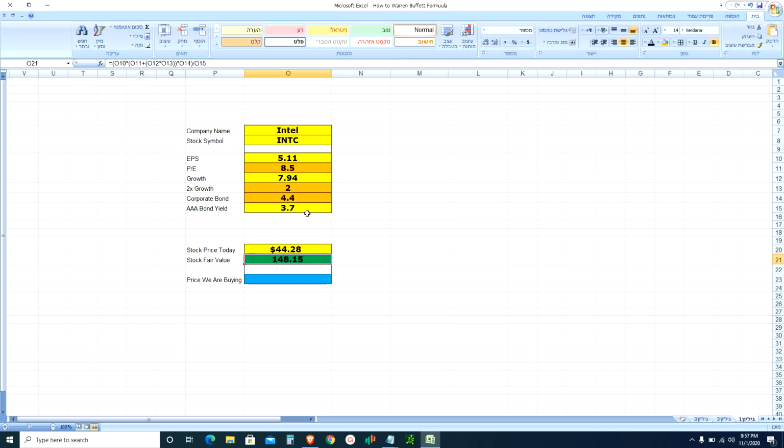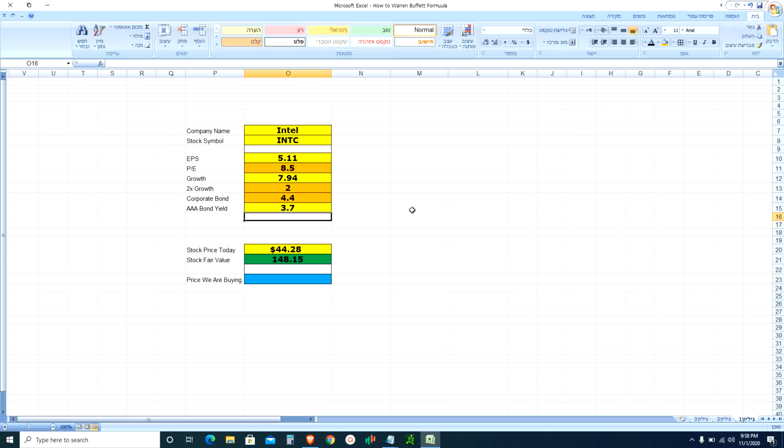We're going to play with the numbers because a lot of people in the forums online say that Graham is pretty aggressive. I would love to have the price of 148, but for this particular example, I will go with the formula that is more conservative, and we're only going to change two numbers.